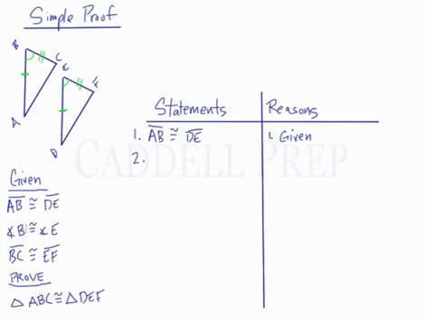For number 2, we'll write the next given piece of information. Angle B is congruent to angle E, and again that is given. And for our third statement, we'll write that BC is congruent to EF, and that is also given.